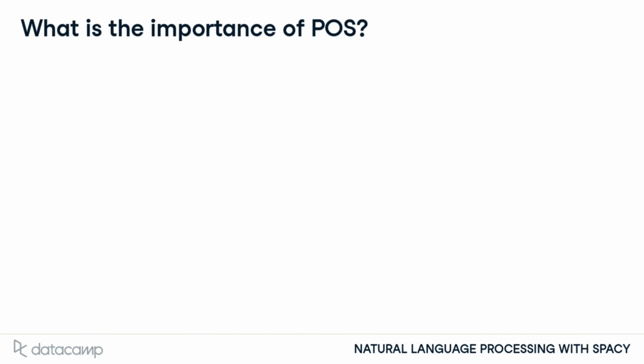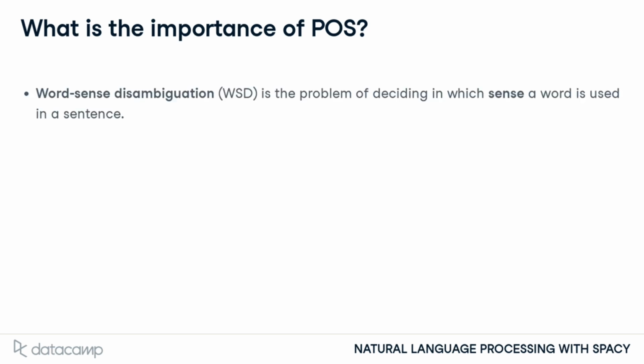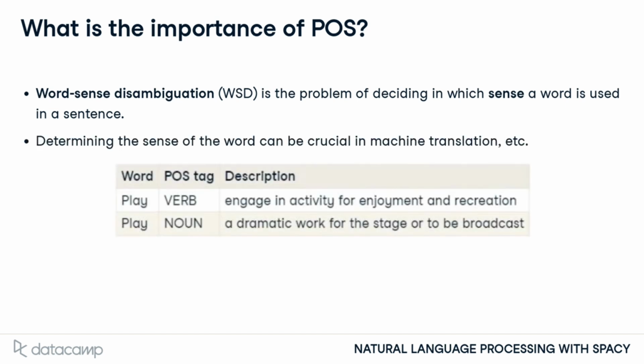Syntactic information such as part-of-speech tags can help many tasks further down the pipeline, such as word sense disambiguation or WSD. WSD is a classical problem of deciding in which sense a word is used in a sentence. Determining the sense of the word can be crucial in search engines, machine translation, and question answering systems.